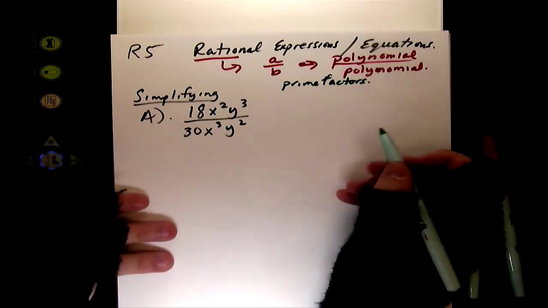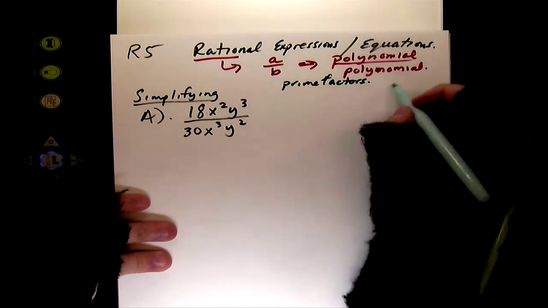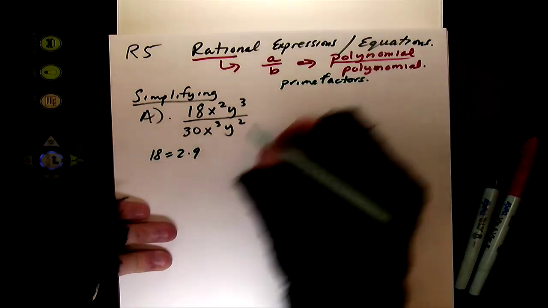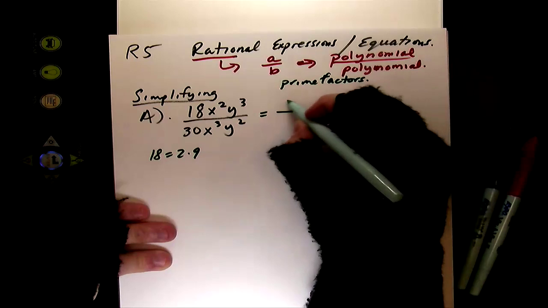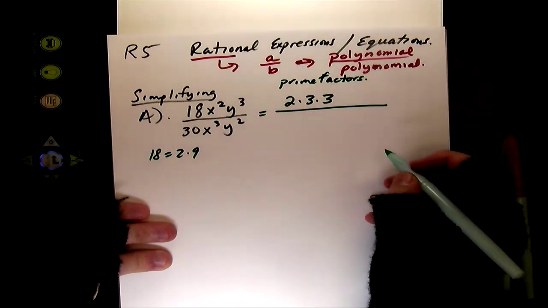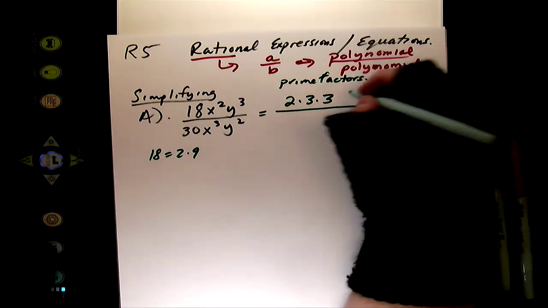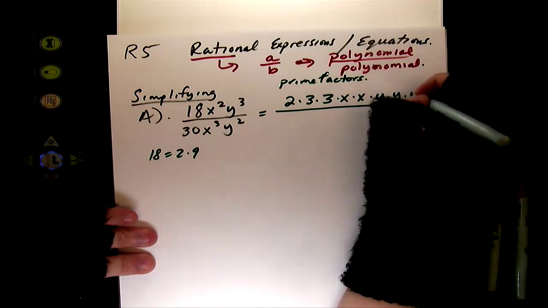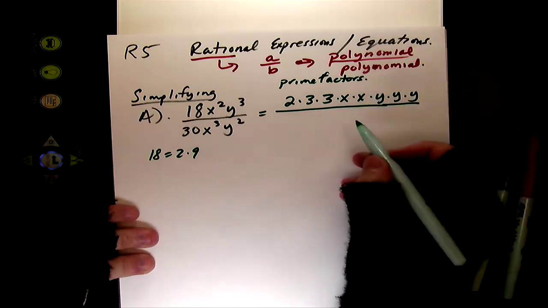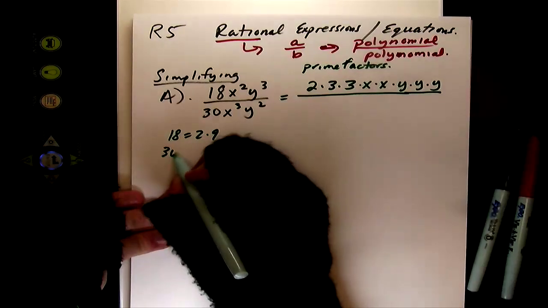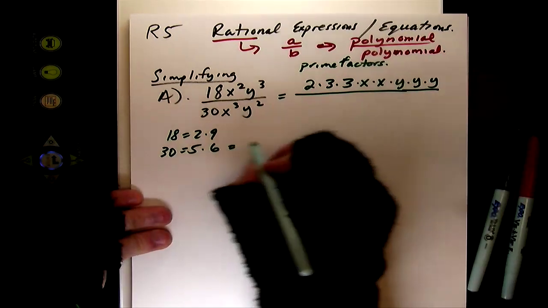Factors are things that multiply together. So 18 is 2 times 9, but 9 gets down to 3 times 3. You can do it with the x's if you want to, but I don't know that's essential. I'm going to do it as a reminder though. 30 is 5 times 6, or 5 times 2 times 3.